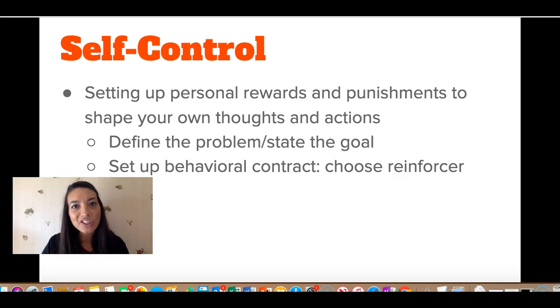Now, she knew that she had to get her schoolwork done, so the type of contract that she set up with herself while she was studying was, let's say that she's reading a novel for English, okay? She would tell herself that she had to read 4 or 5 pages in a row. She couldn't stop. She couldn't check her text messages until she read the 4 or 5 pages in a row.